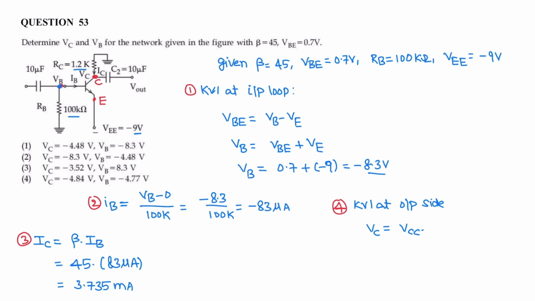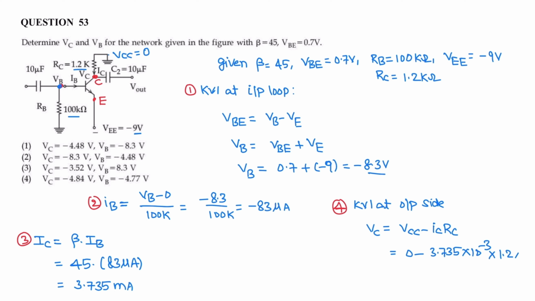Here VCC voltage is 0, it is connected to ground. 0 minus IC, 3.735 milliampere, and collector resistance given RC is 1.2 kilo ohm, 1.2 into 10 cube.